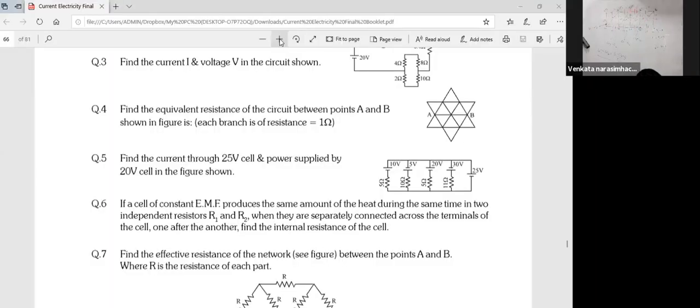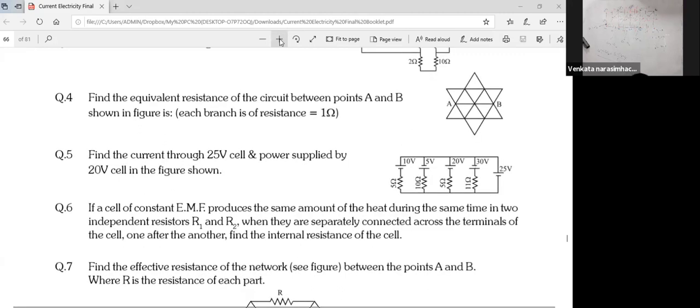Question number 5. Are you able to see that? Yes, madam. Question number 5.